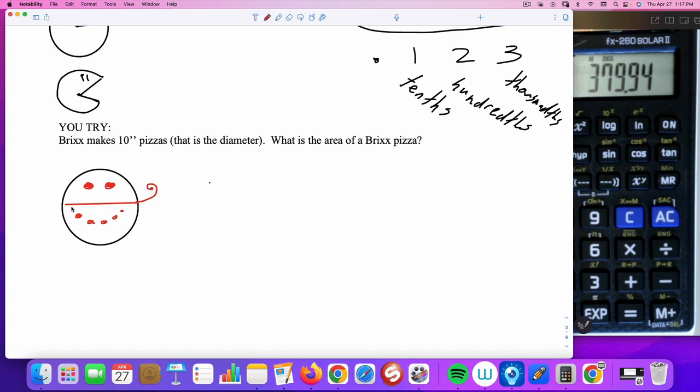If the diameter is 10 inches, then what's the radius? How do you know? It tells you. What's the radius? No, the circumference. Would it be inches? Never mind. 10 inches. Never mind. Okay.